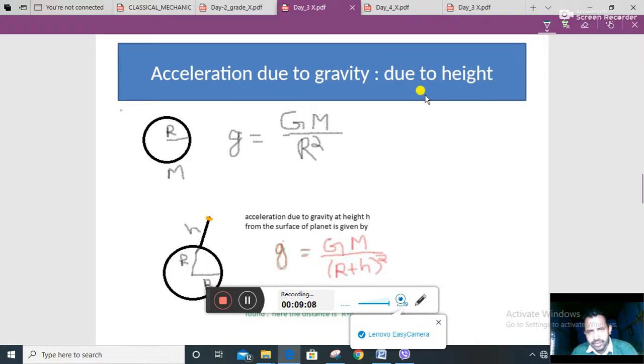Now here comes a small extension of the same formula. This is the mass of the earth or of any planet, and if this is the radius, what is the value of g? g equals GM by r square.